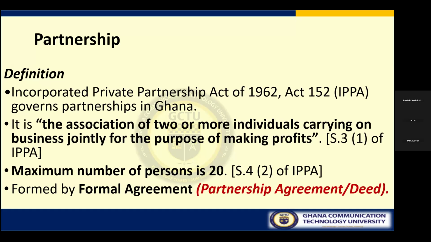So the maximum number of persons per the Act. And this type of business is formed by a formal agreement known as a partnership agreement or partnership deed.